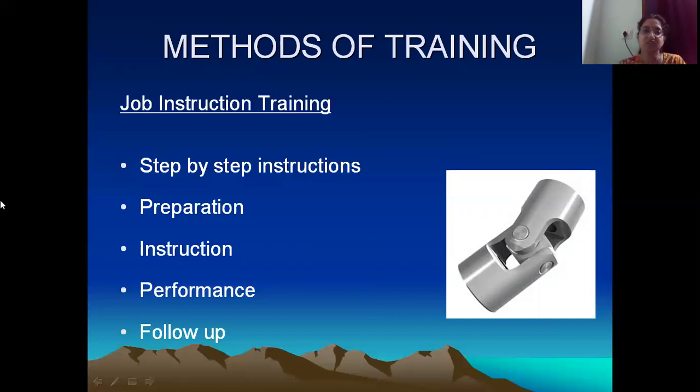Where the factory workers are paid wages based on the number of pieces that they are producing. A person who produces 2 pieces will be paid a lesser wage. A person who produces 6 pieces will be given more wages. So that is one motivational factor you can use for Jacob and get him to understand that the training is going to benefit him ultimately. Then move on to the second point here, instruction.